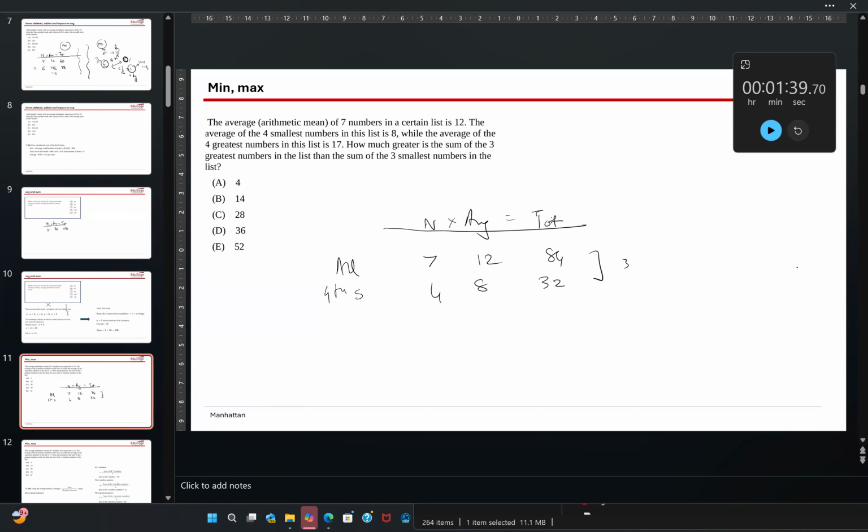So hence the three largest is 52, the difference. Then we have four greatest, 4 into 17, 68. And hence the three smallest will be 16. And the difference is 36. I think you would have solved it similarly. Okay. Good.